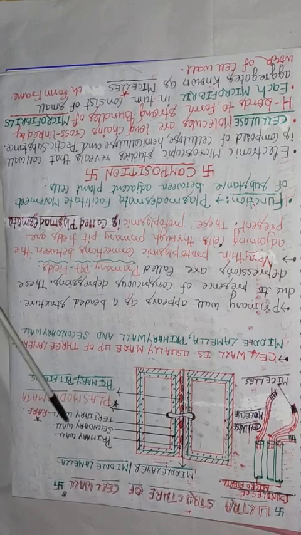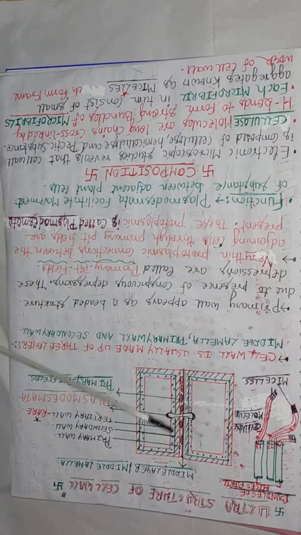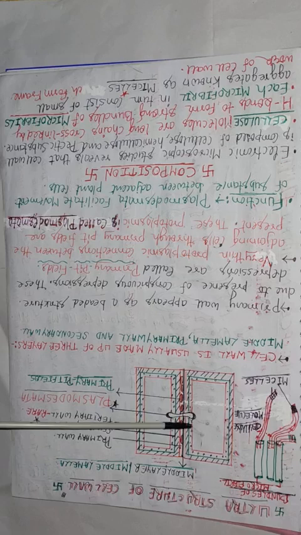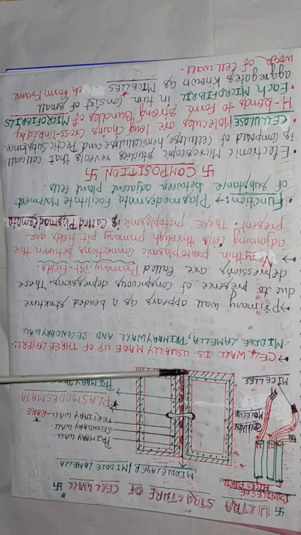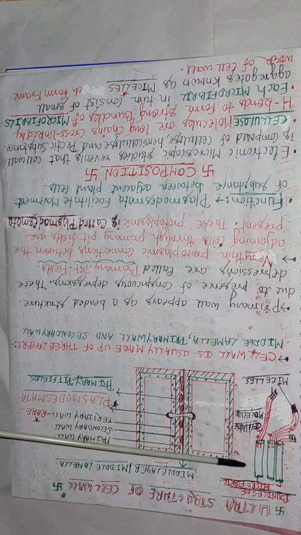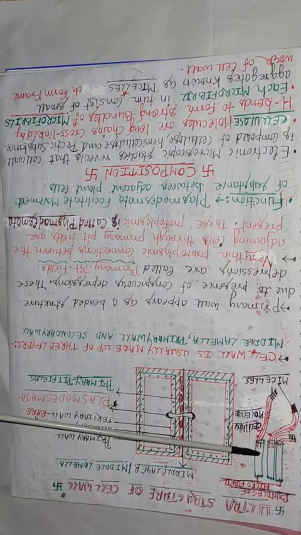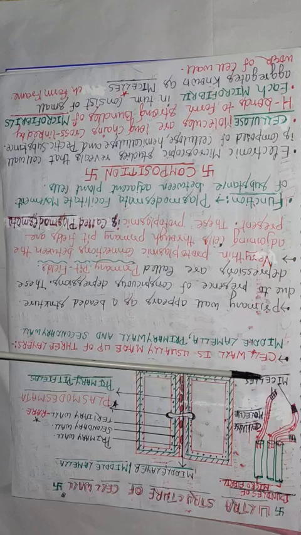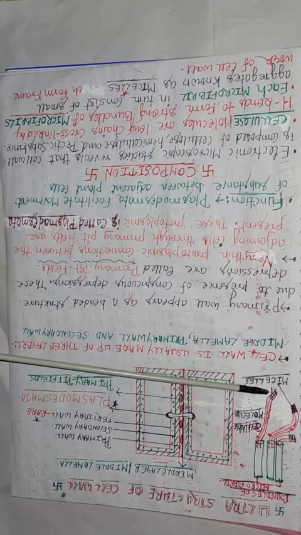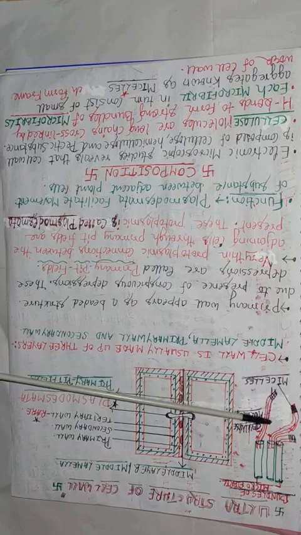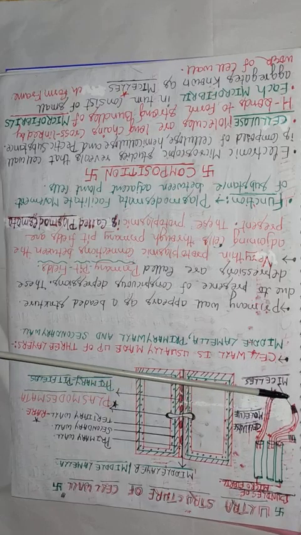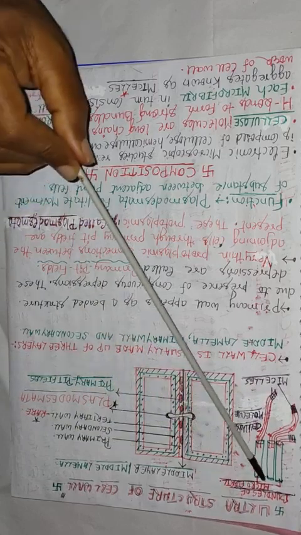Okay, student. Now when we see the cell wall composition in detail, electron microscopic studies reveal that the cell wall is composed of cellulose, hemicellulose and pectin substances. Now when we see the electron microscopic details, what we observe, student, is that cellulose molecules are long chains cross-linked by hydrogen bonds to form strong bundles of microfibrils.